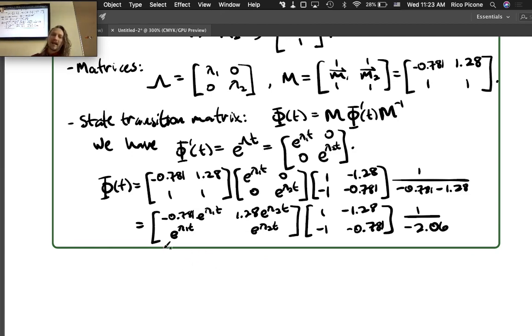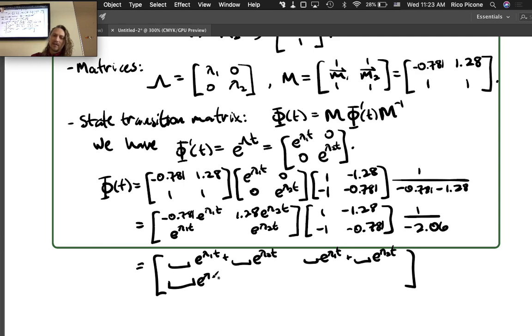So I'll just say we're going to end up with something e to the lambda 1t plus something e to the lambda 2t, plus, and then the next entry is going to be something e to the lambda 1t plus something e to the lambda 2t. And this is going to be the same on each of these: something e to the lambda 1t plus something e to the lambda 2t.